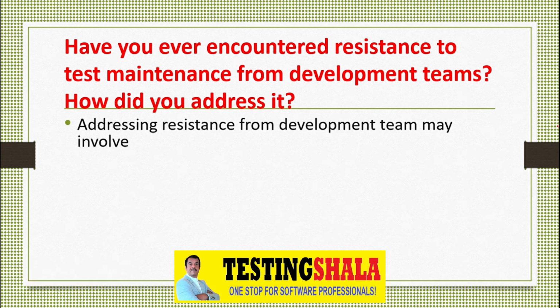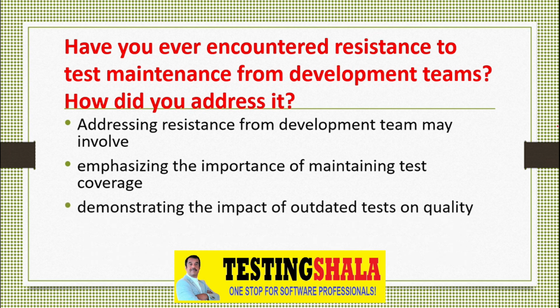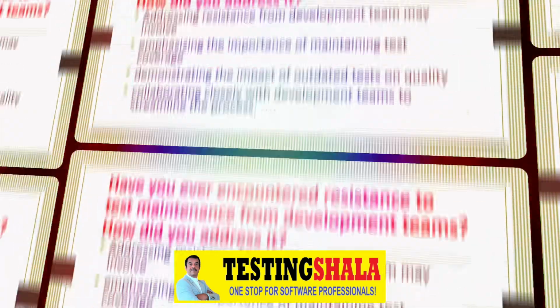But as a tester, we should always emphasize the importance of maintaining test coverage, and demonstrate the impact of outdated tests on the overall quality of the software. You should collaborate with the development team and various other stakeholders to streamline the different processes involved in software testing, and also accommodate enough effort for maintaining the test cases. That is the case we should put forth to get a buy-in from development teams.